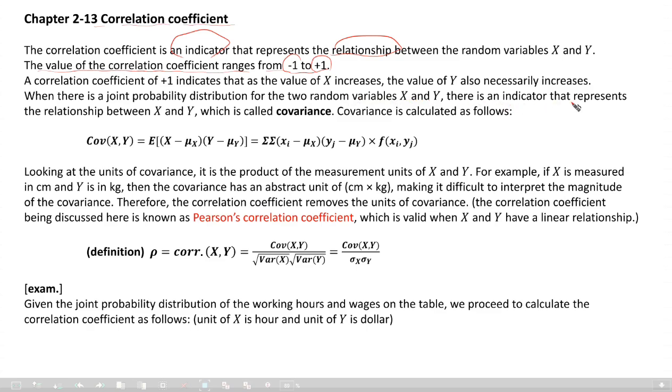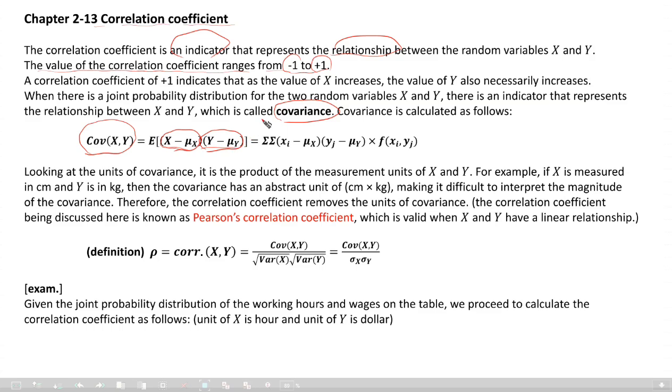Where there is a joint probability distribution function for two random variables X and Y, there is an indicator that represents the relationship between X and Y, called covariance. You have to understand covariance first in order to get the correlation coefficient. This is the covariance of X and Y. It is the expectation of the X deviation times the Y deviation, all the product terms.